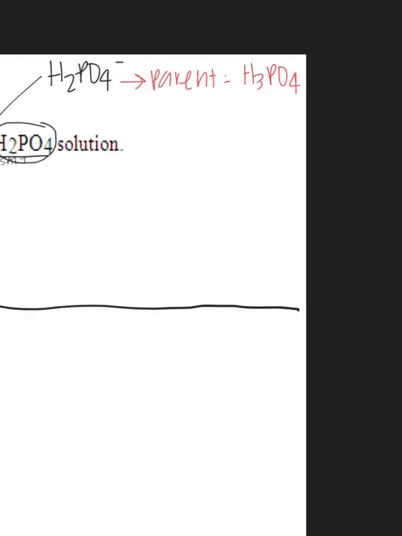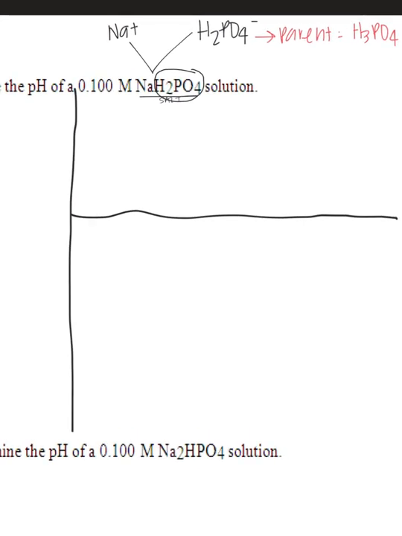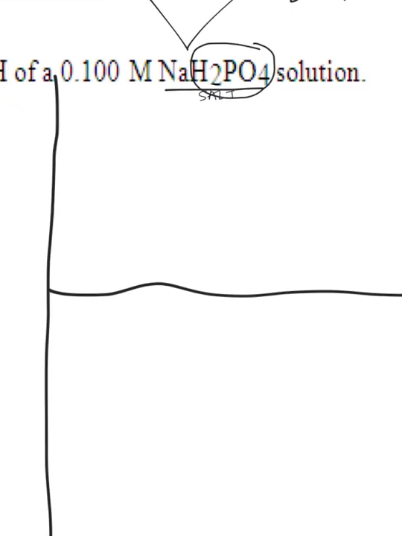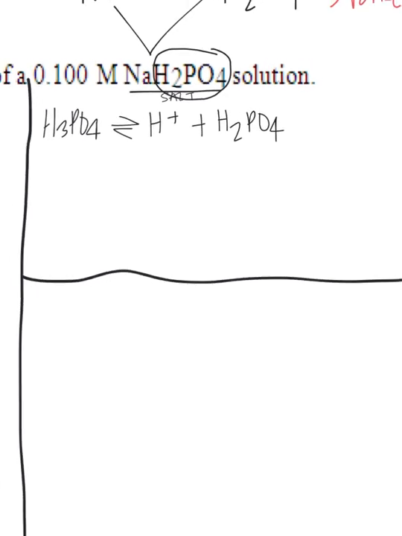Okay, so this is a weak acid because there's only one more oxygen than H. So what I need to do is write out all of the dissociation equations for this weak acid. H3PO4 dissociates one proton at a time. The Ka for this is going to be called Ka1.